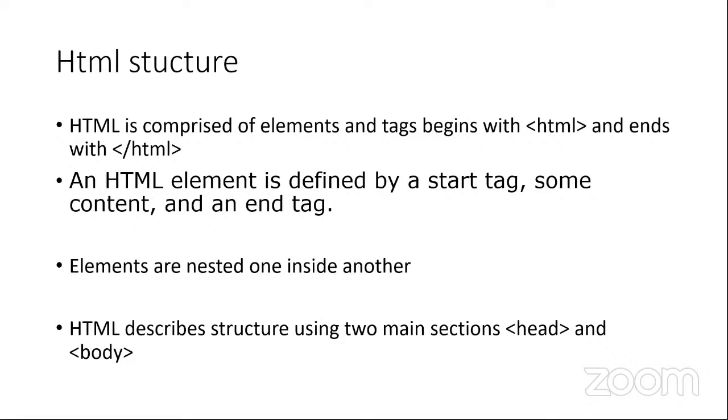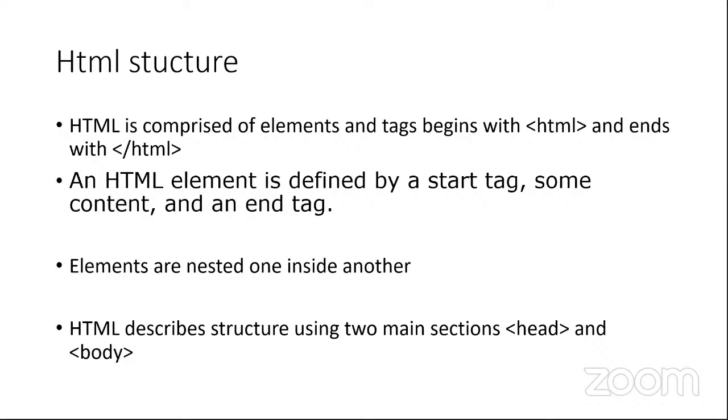So what is the structure? An HTML page always has to start with the HTML tag, and it has to end with a closing HTML tag. Every begin tag or open tag in HTML must have a closing tag. Of course, a few tags don't require a closing tag; we'll see those later.